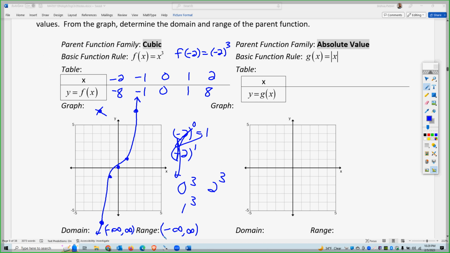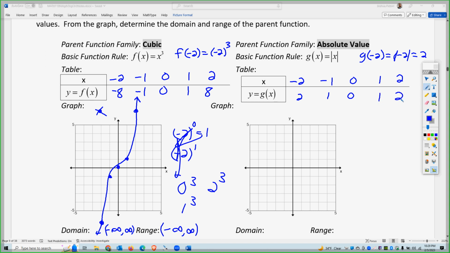All right, so the absolute value, we'll go -2, -1, 0, 1, 2, and again, you can pick anything you want. So if I take the absolute value of any number, right, I'm going to get the positive. So I get 2, 1, 0, 1 and 2.